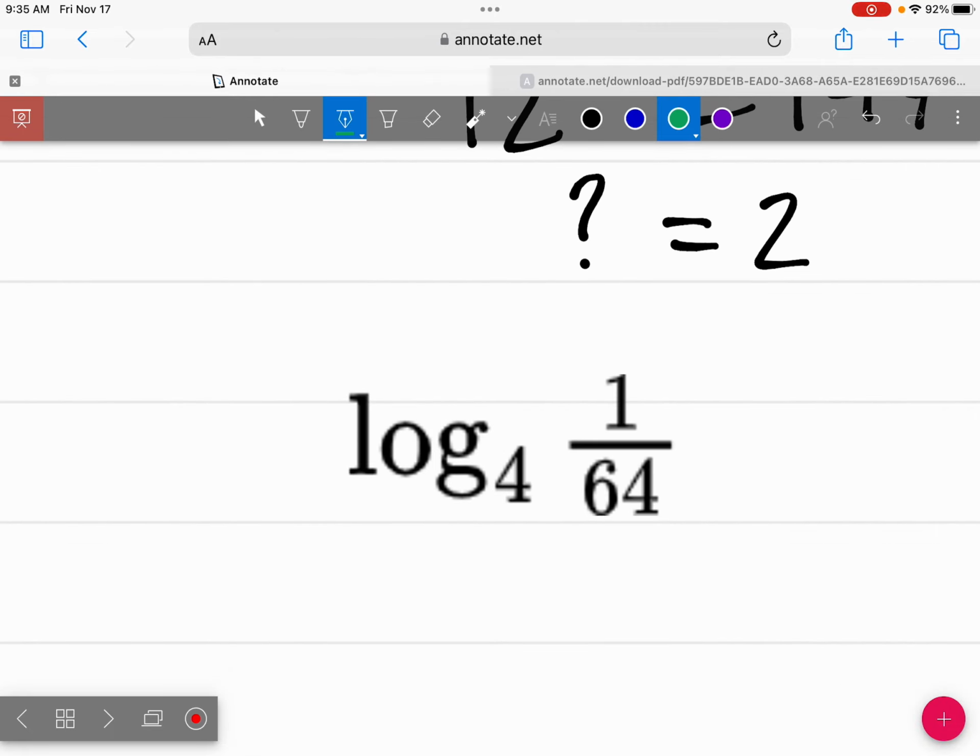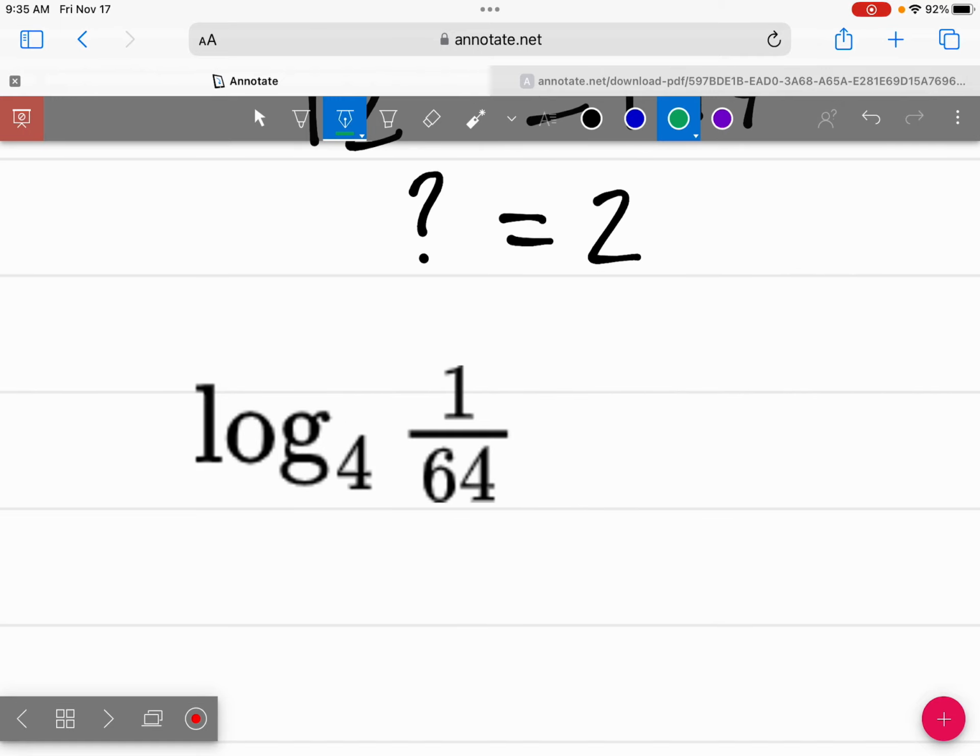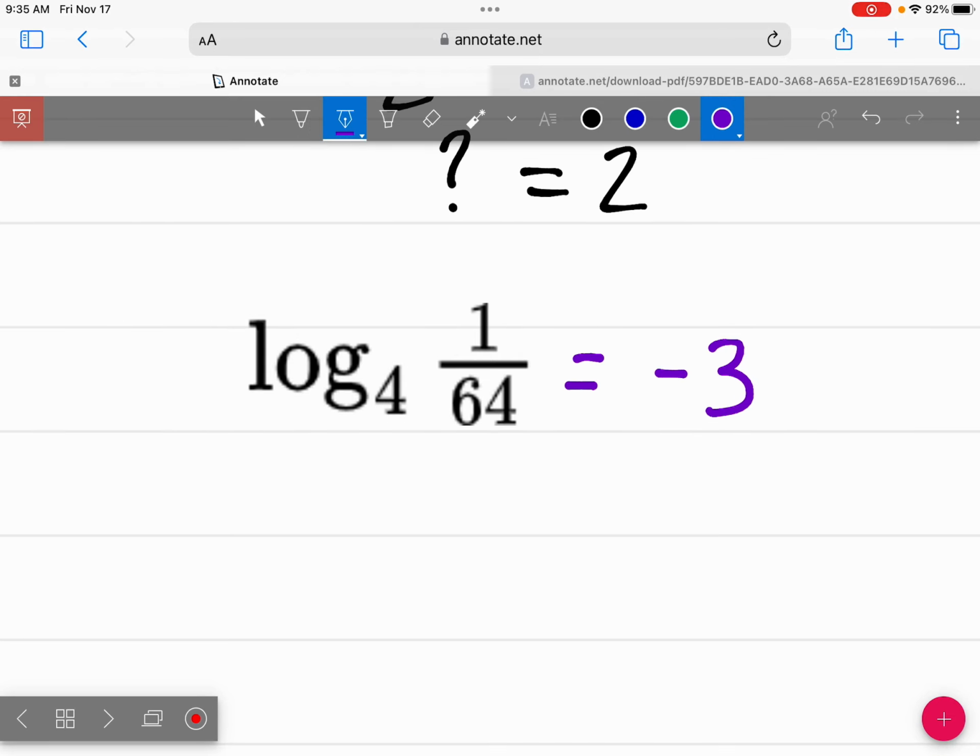All right. Log base 4 of 1/64. -3. Okay. 4 to the what equals 64, or 1/64.